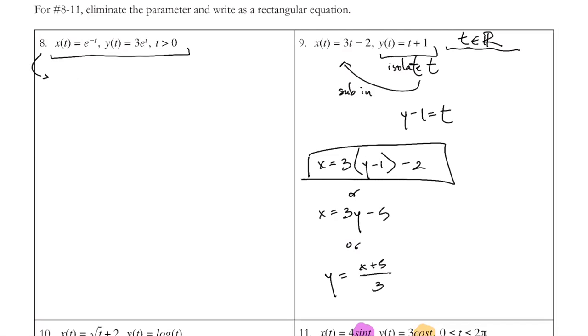Okay, so x equals e to the negative t. Okay, so then you said x to the negative 1 equals e to the negative t. So it sounds like you use that idea that whatever you do to one side, you can do to the other side. Yeah. And you'll get x to the negative 1 equals e to the t, or 1 over x equals e to the t.